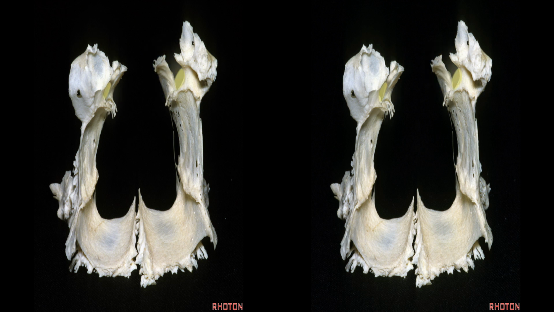And here's the sphenopalatine foramen through which the branches of the maxillary artery pass in the lateral wall of the nasal cavity to supply the turbinates and the nasal septum. And that foramen is just above the posterior attachment of the middle turbinate.